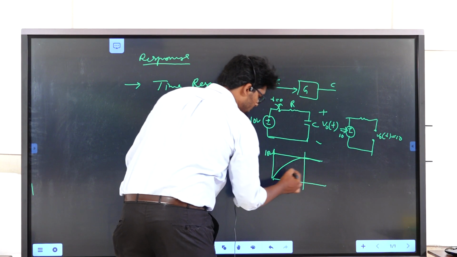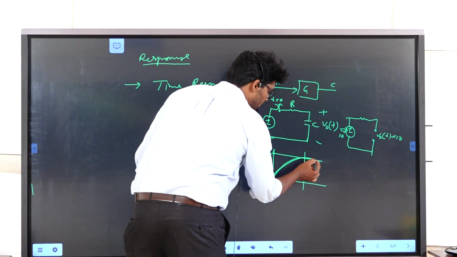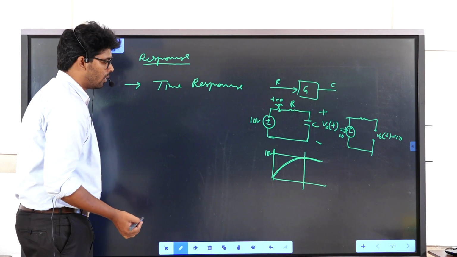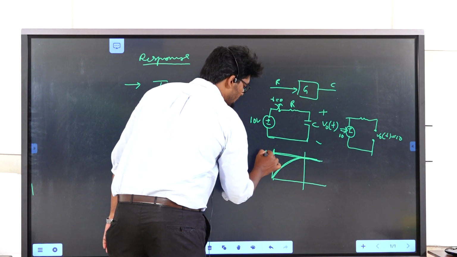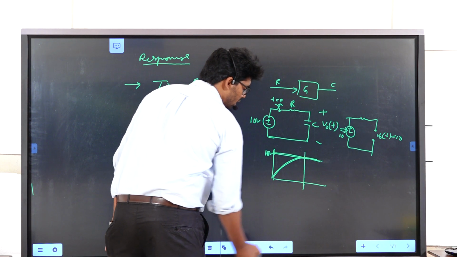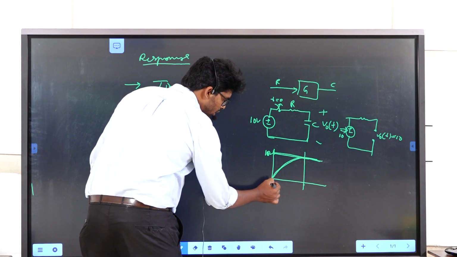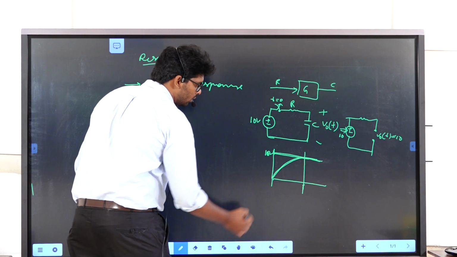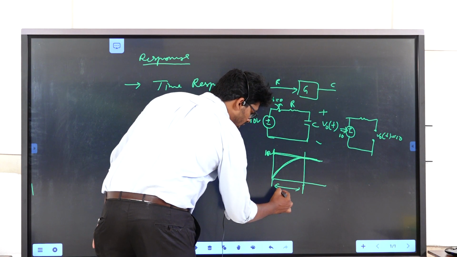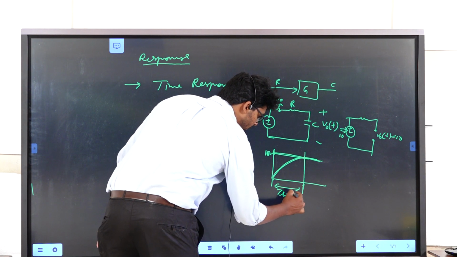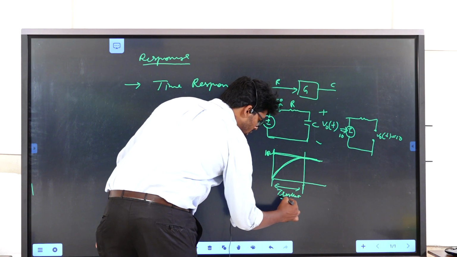For a certain time, it will increase exponentially and reach the 10 volts value. That means it reaches a steady state. The time from 0 up to t, where it reaches steady state, is said to be the transient time.